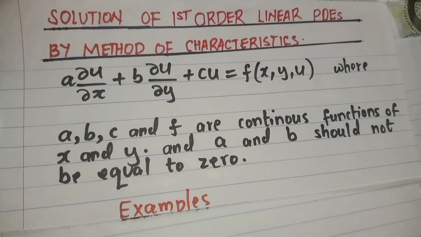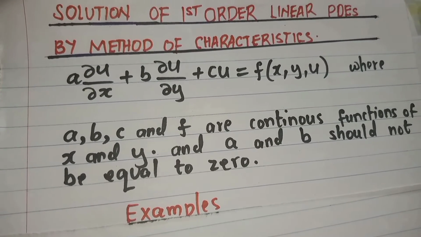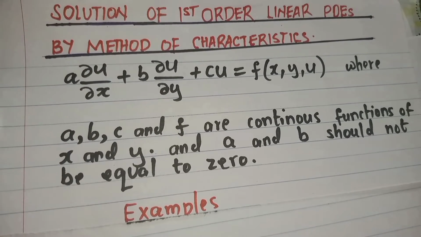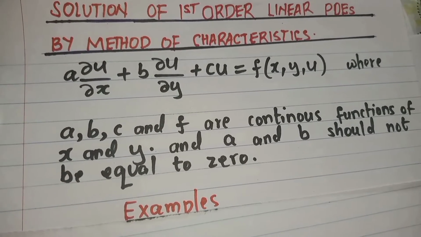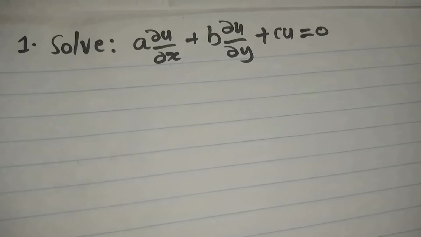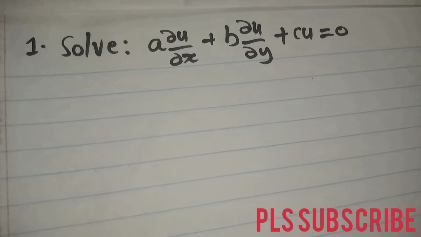So we are going to look at an example on how to solve a first order linear PDE by method of characteristics. Okay, so this is our first example.